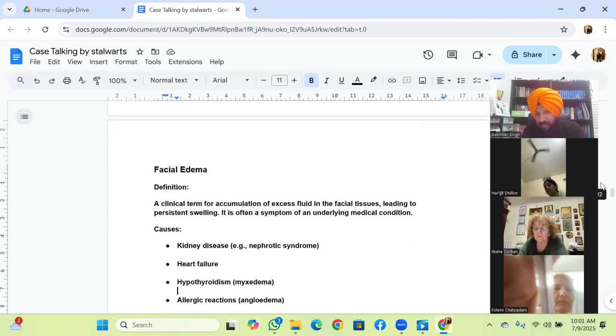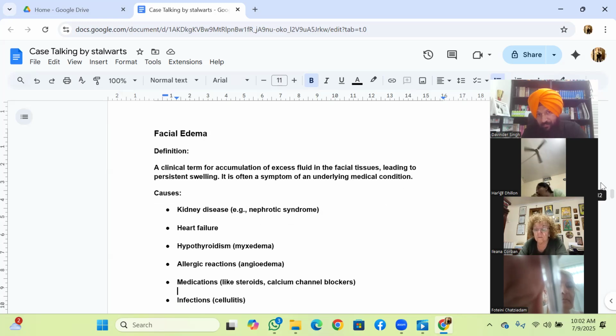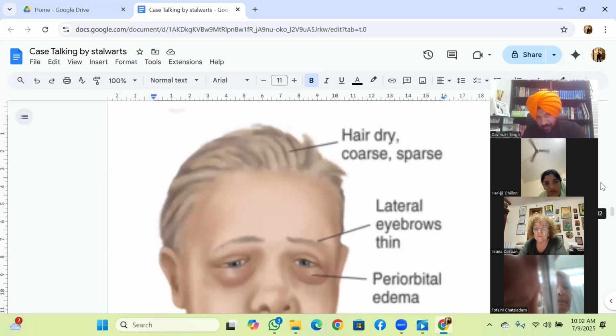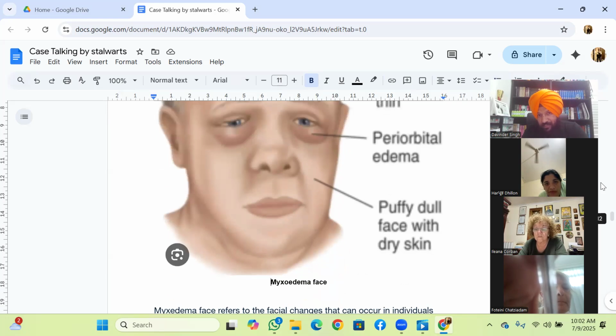These swellings do not reduce automatically. This is almost permanent, and it occurs in kidney disease, heart failure, hypothyroidism, allergic conditions, medications like steroids and calcium channel blockers, infection, and superior vena cava syndrome. These are some reasons.